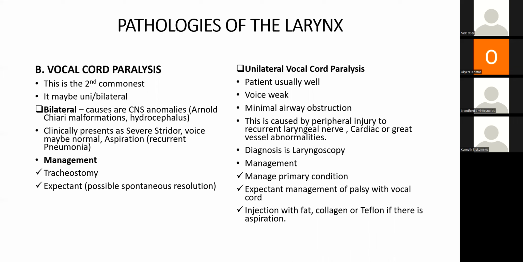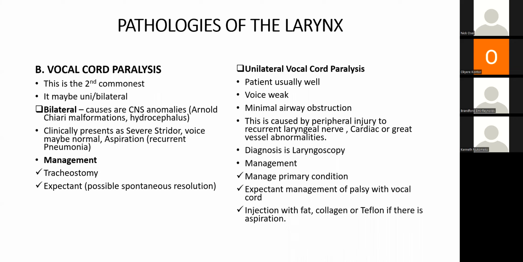For unilateral vocal cord paralysis, remember the 3 paired and 3 unpaired cartilages. The patient usually has a weak voice and minimal airway obstruction. Diagnosis is by laryngoscopy, as I said. It is usually caused by peripheral injury to the recurrent laryngeal nerve, or cardiac or great vessel abnormalities.